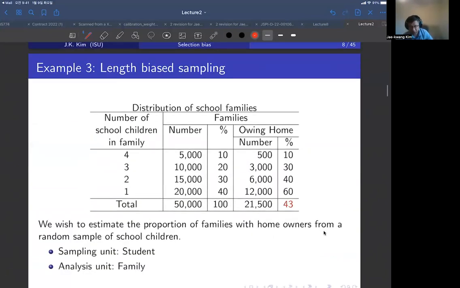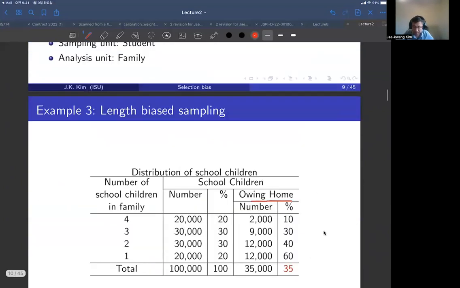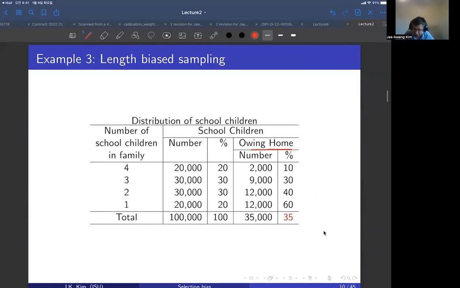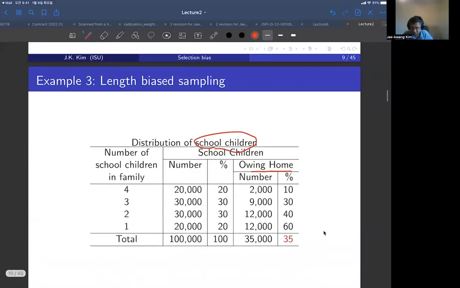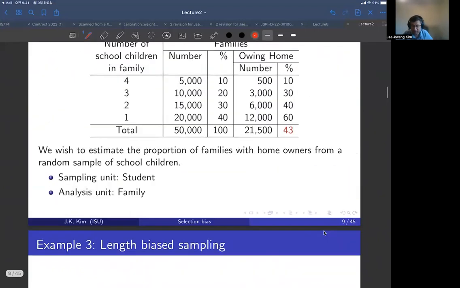Another example, example 3, length biased sampling. Suppose this is a kind of toy example where you have a distribution of school families. The first table is a family level table, while the second table is a children level, person level table. So this is the family level and the children level for the same population.